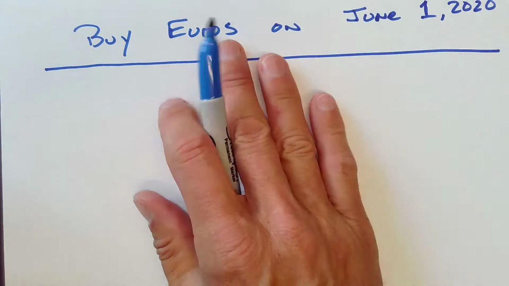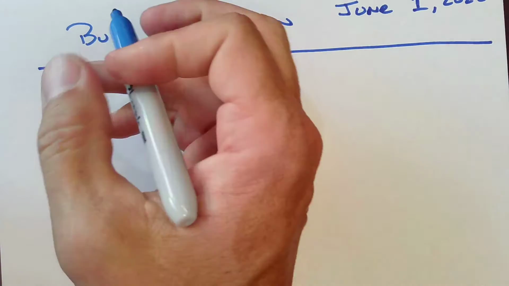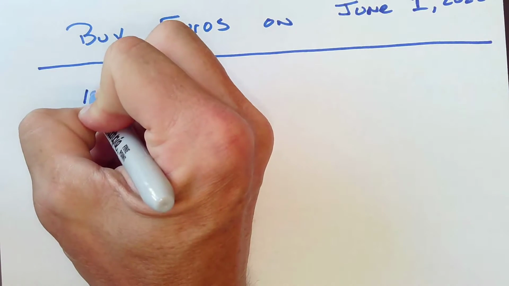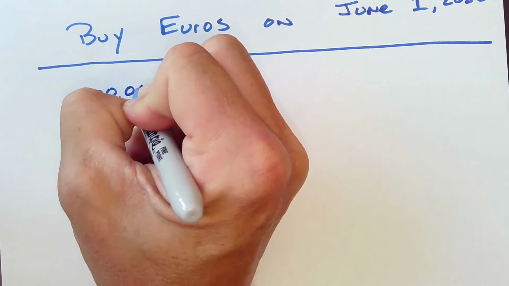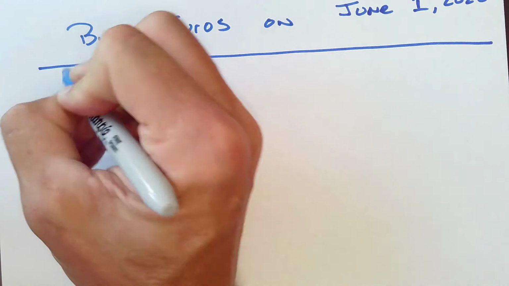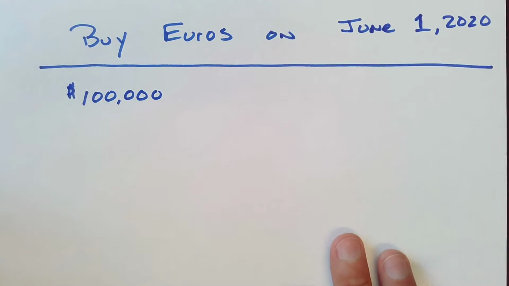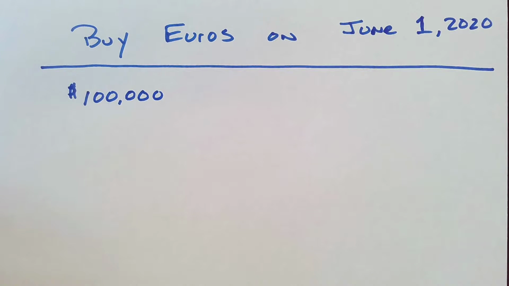So how many euros do we want to buy? Well, let's buy 100,000 euros. There is a business reason, whatever that business reason is. We don't care. It may be that they want to put the money in euros because they're planning on doing a transaction at some point in time.